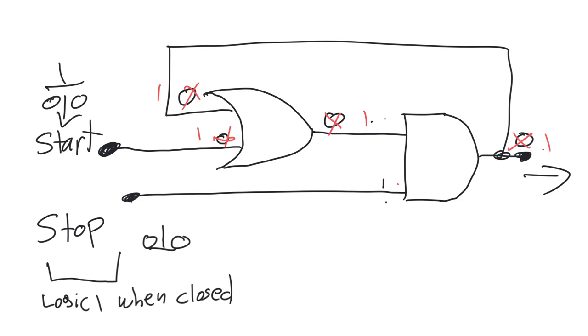And so the whole system now is sealed in, and now we have a logic 1 coming here, and that'll feed the rest of the circuitry. If you release the push button now, no problem, because even though this will transition back to 0, it doesn't matter because we still have a logic 1 there.